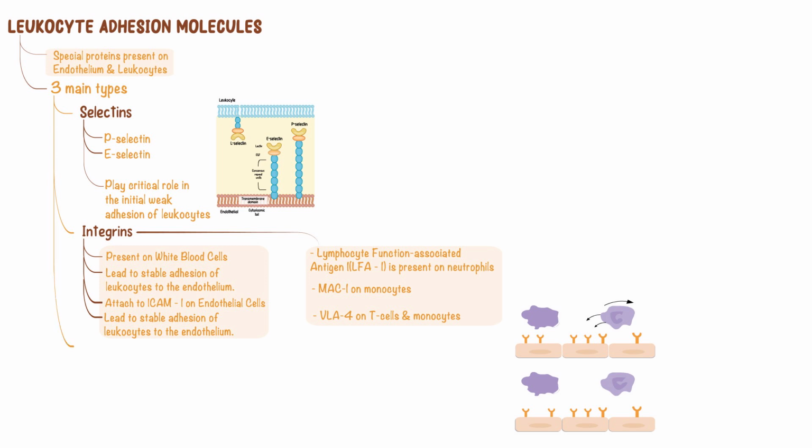We also have PECAM-1, also known as CD31. It plays a significant role in the process of transmigration, where leukocytes move between endothelial cells to enter the tissues. Remember, cytokines like TNF-alpha and IL-1 increase leukocyte adhesion molecules.